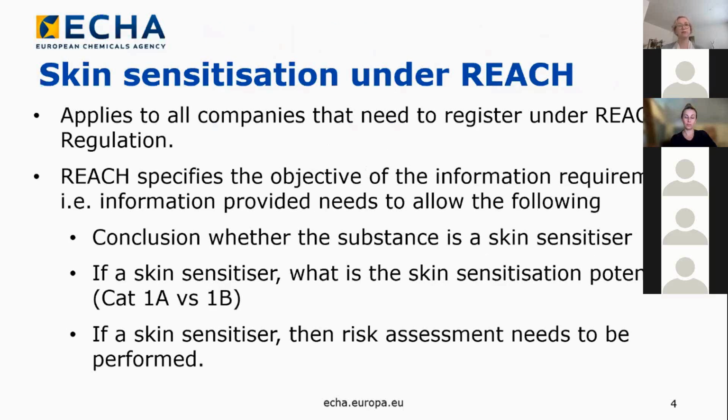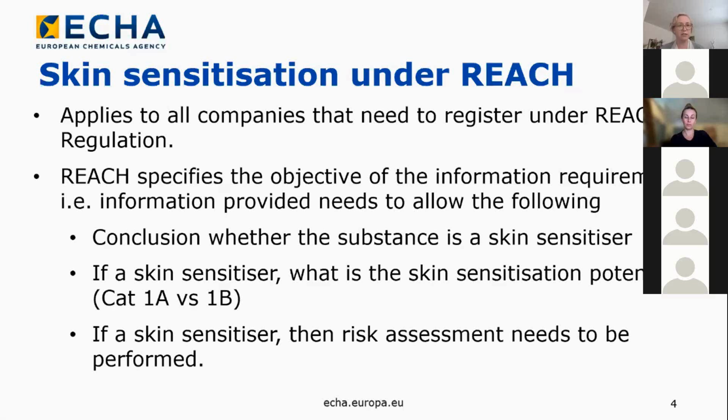And this is one of the reasons why skin sensitization is an information requirement that applies to all companies that need to submit information under the REACH regulation. The legal text specifies the objective of the information requirement, which is that the information that is provided needs to allow the following. You need to get a conclusion whether your substance is a skin sensitizer or not.